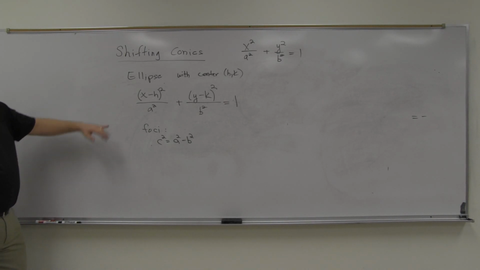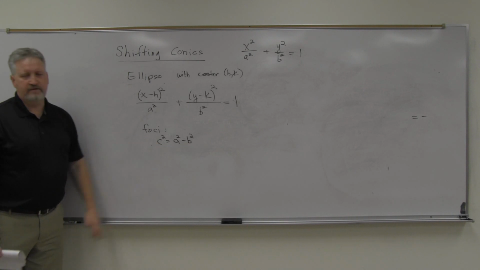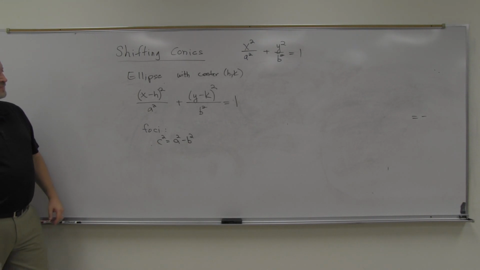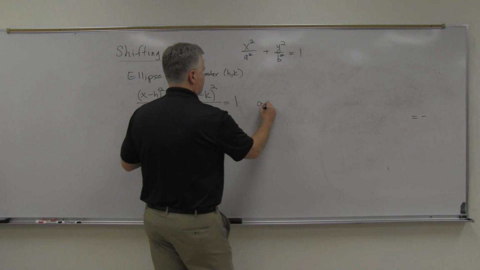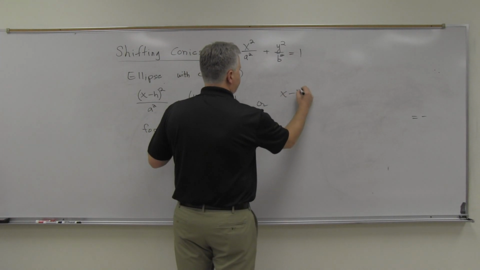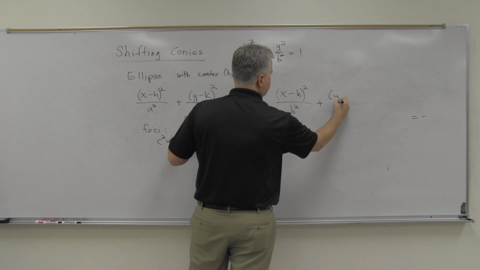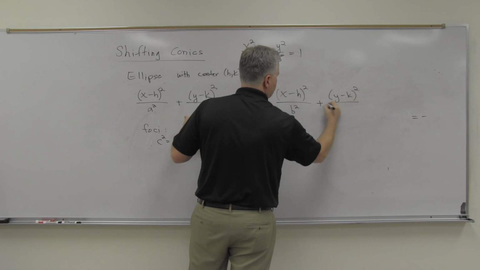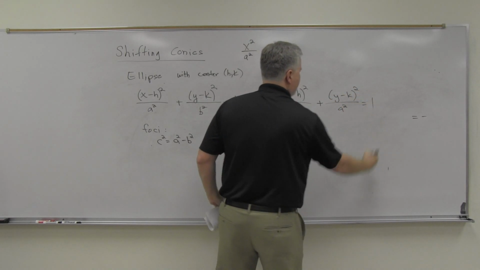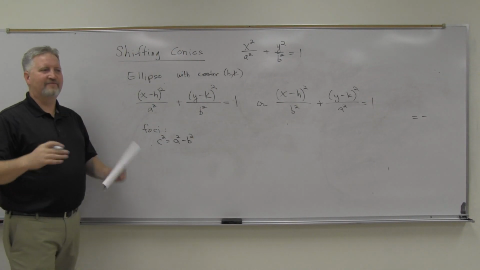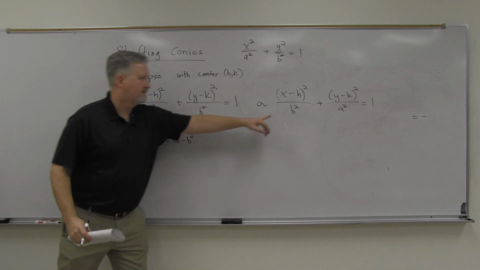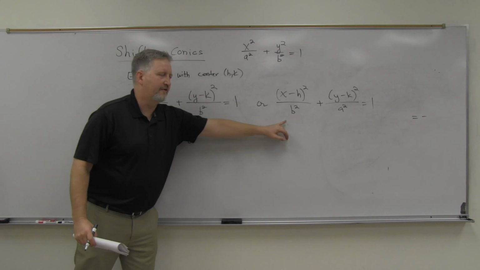So that's the same formula as the non-shifted ellipse. That doesn't change. But because you want the a squared bigger than the b squared, sometimes they'll also say you could have the b squared under the x squared, but that's just because you want a bigger than b.